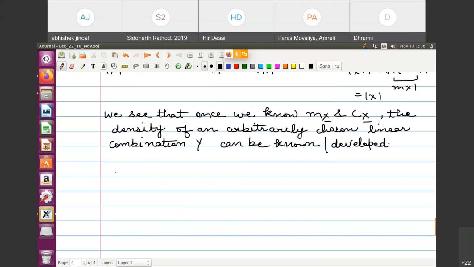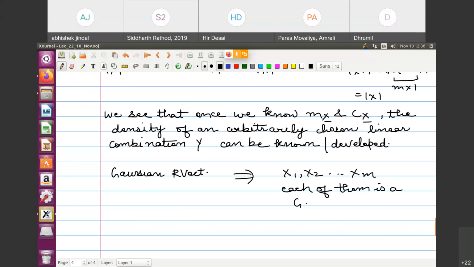The first meaning, if you are told it is a Gaussian random vector, is that x1, x2 up to xm, each of them is a Gaussian random variable. This is what comes to our mind, and maybe a lot of you assume that this is the definition. No, this is only one part of the definition.